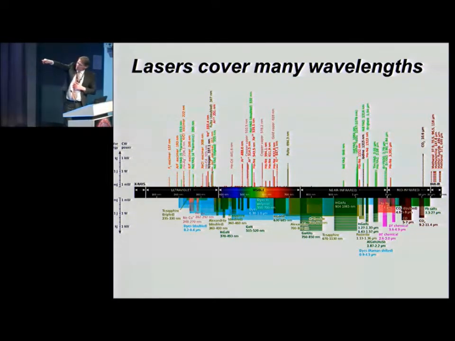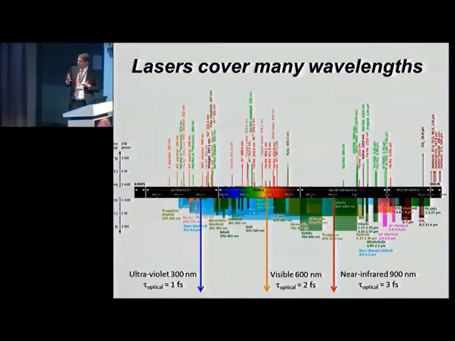And all the things that connect to this wavelength scale are lasers that you can buy commercially or lasers that you can readily build in your laboratory. What you see is that these lasers run more or less from the ultraviolet, let's say around 300 nanometers, up to the near infrared, more or less 1 micron or even a little bit beyond.